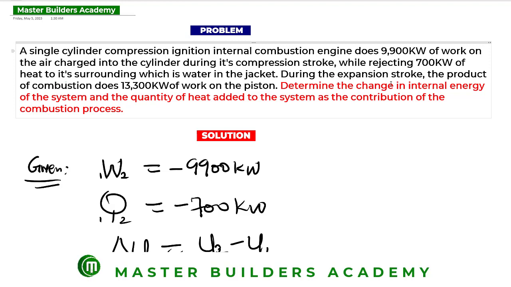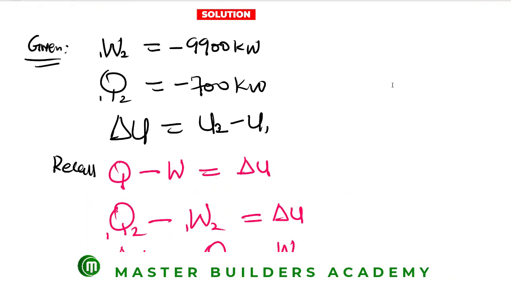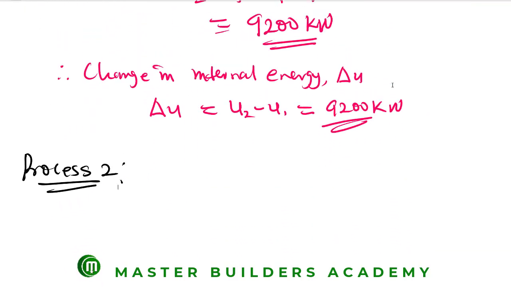The product of the combustion does 30,300 kilowatt of work on the piston. You see it now. So it is now the cylindrical combustion engine that does this work on the piston. So it shows that this 30,300 is the work done by the system. So because this is work done by the system, we are going to have this work as a positive value. Are you there?